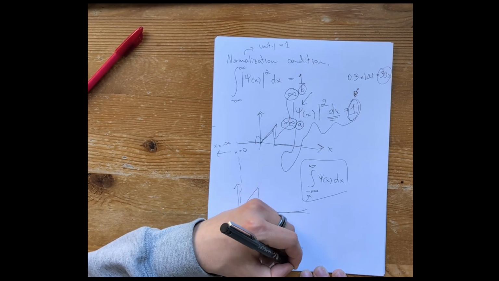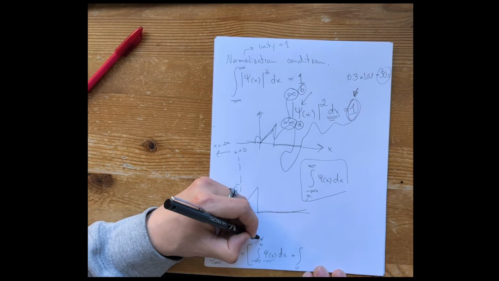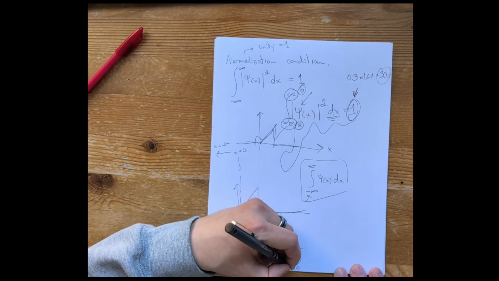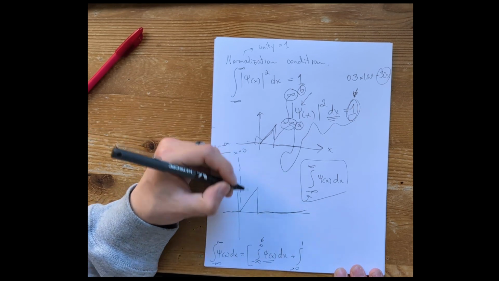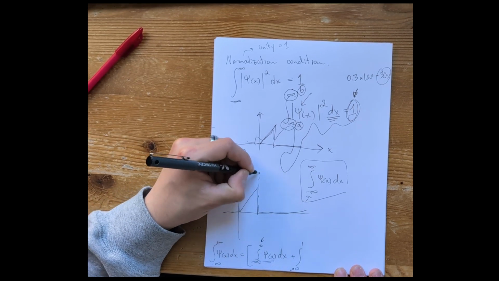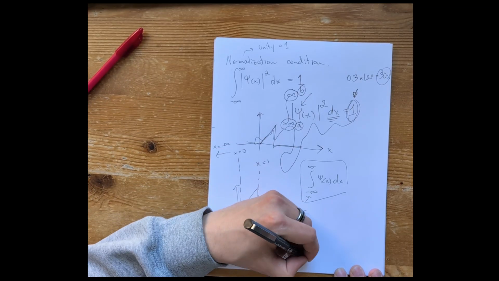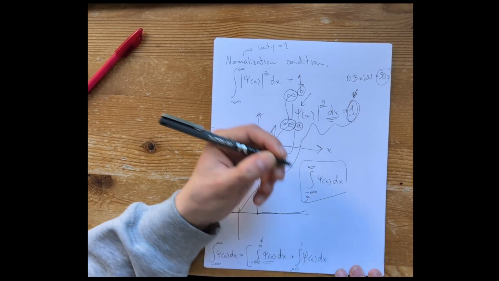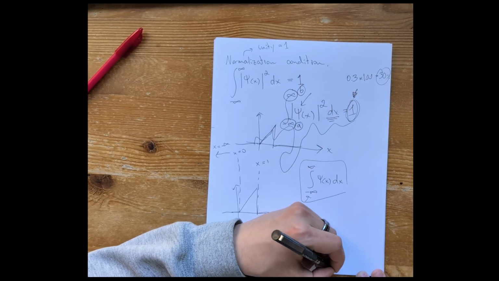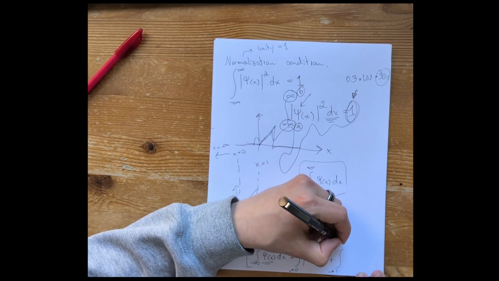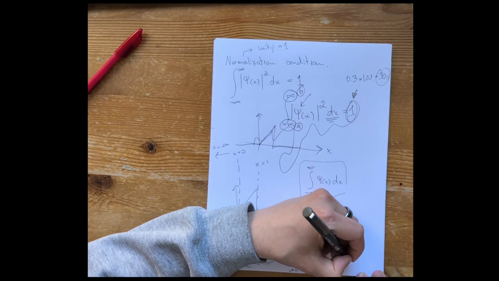To that, I'm going to add another integral which starts at the end point that the previous integral ended at. So we start from 0, then we go to 1. Why is this the case? Because the next point of interest is x equals 1. That's why I'm breaking up the integral like this. I will again put a little x here, dx. And I'm going to add another integral where I start with the end point of the previous integral, and then I end off with infinity.